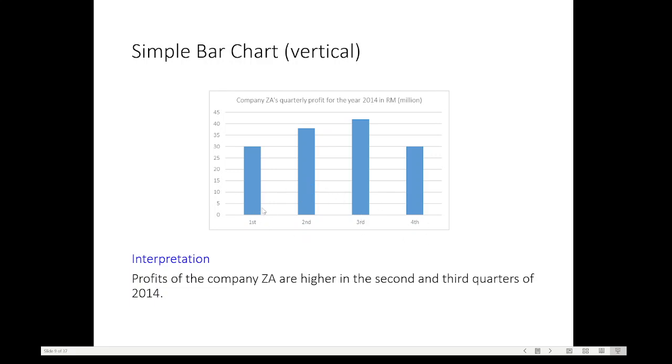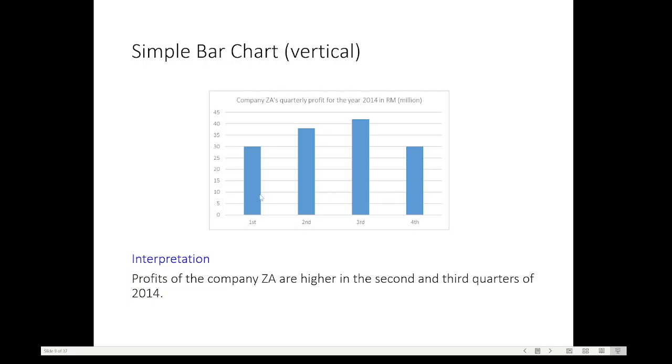For example, this is company Z quarterly profit for the year 2014 in RM million. So for the first quarter, the profit is 30 million. The second quarter, the profit is 37 million, and so on.